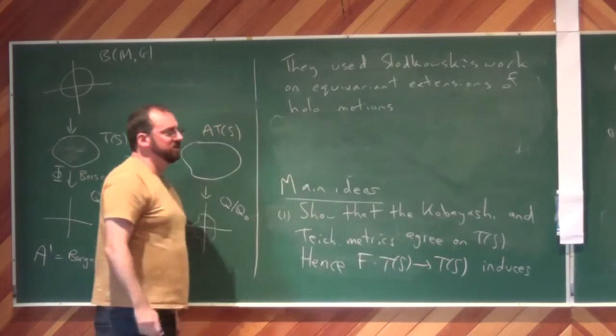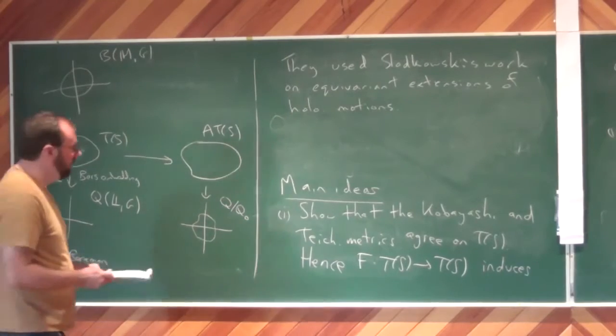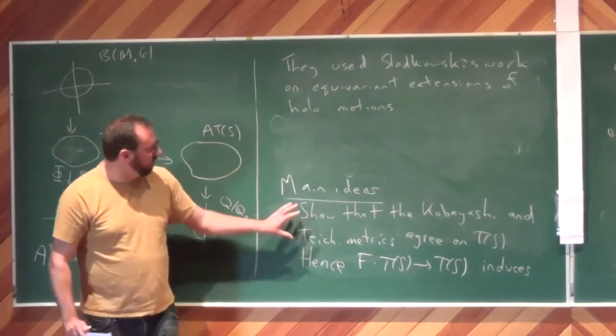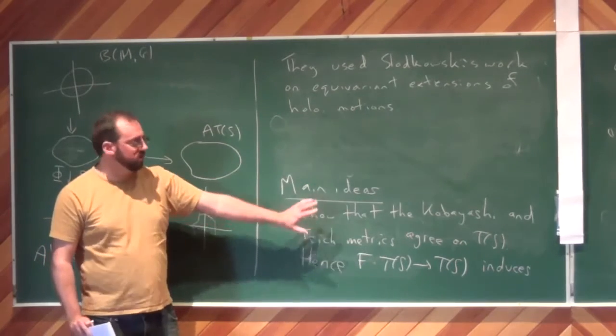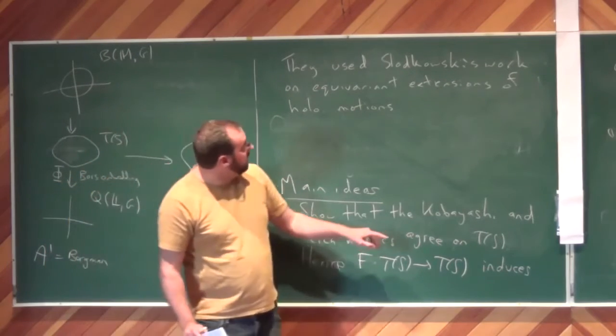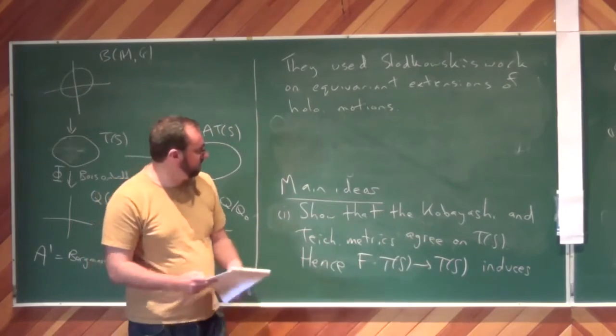I guess I'll just say the words if you're interested and look these ideas up. Okay, so this step one, by the work of Earle, Markovic, and Saric, that's okay, we can do it. We get that Kobayashi and Teichmüller metrics always agree on Teichmüller space.